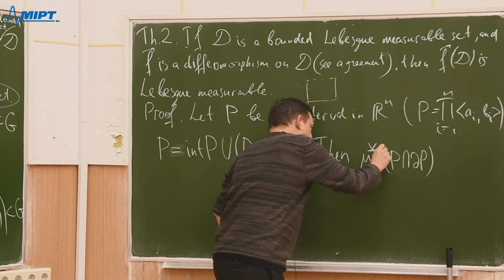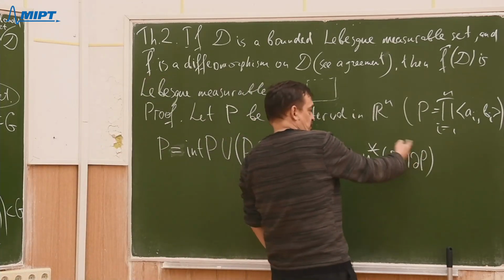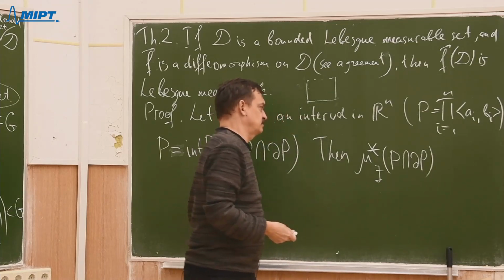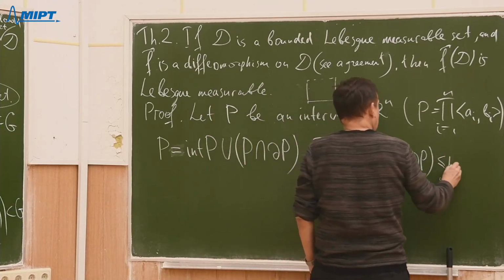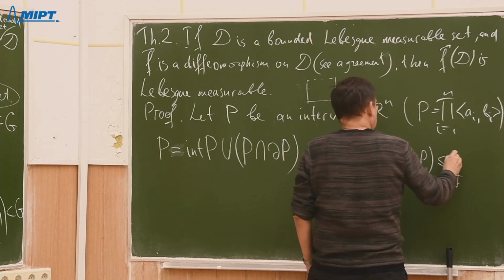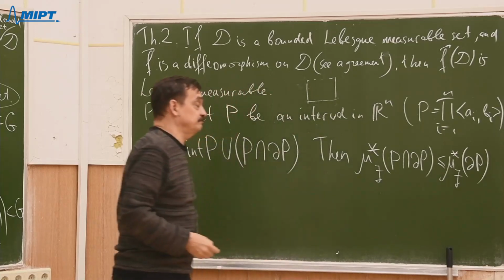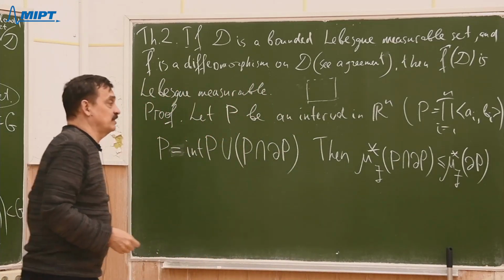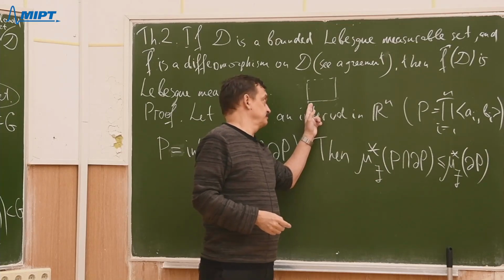Here I put outer measure, because I don't know yet what it is. And that is less or equal than the outer measure of f of the whole boundary. And now look, what is the boundary of the interval?